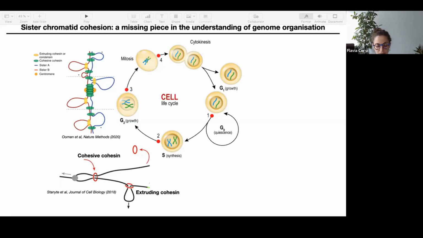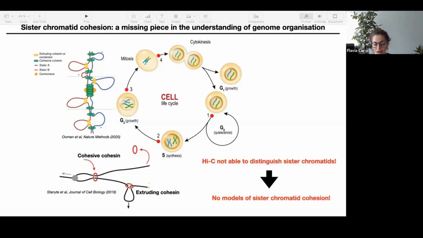And so we didn't have, until now, experimental data about interaction between these two identical sequences. As a consequence, with no experimental technique, there is also a lack of models of this system of sister chromatid cohesion. The mechanism of ring entrapment of two sisters is called cohesion.